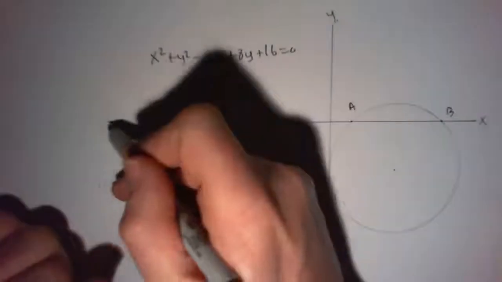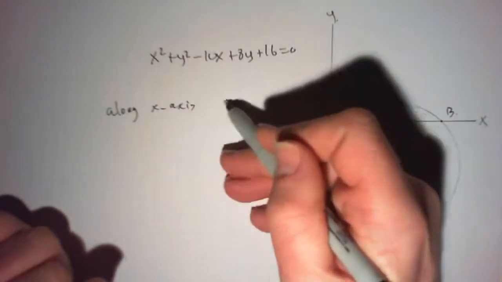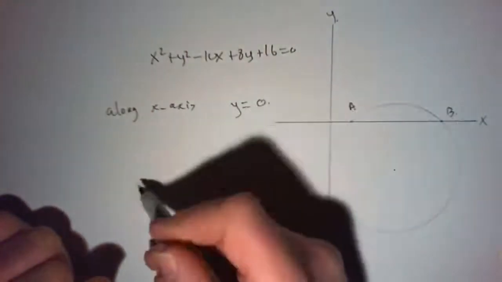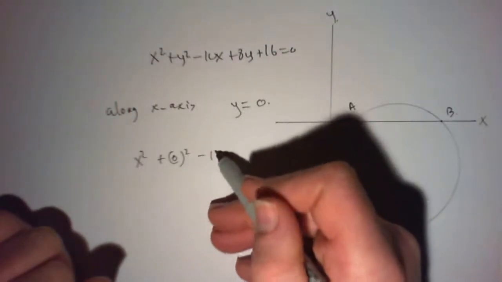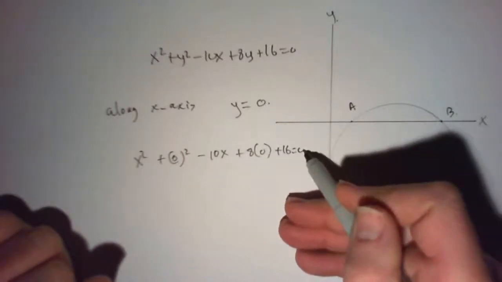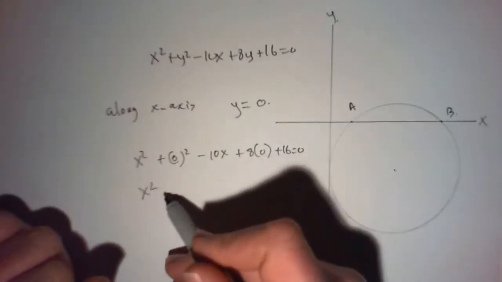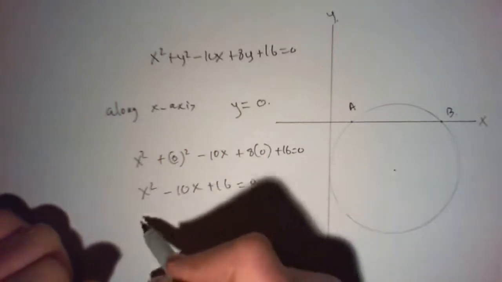So along the x-axis, y is equal to 0. So we're going to have x squared plus 0 squared minus 10 times x plus 8 times 0 plus 16 equal to 0. So we're going to have x squared minus 10x plus 16 equal to 0. That looks like it's solvable.